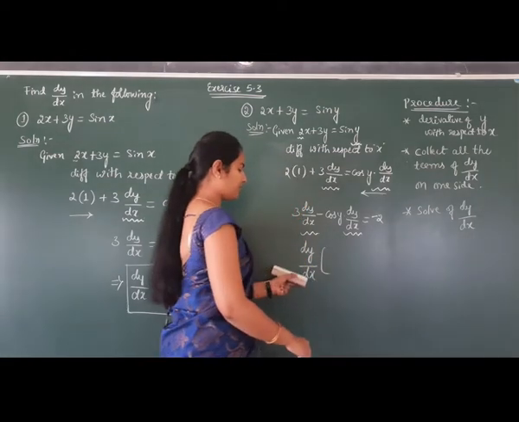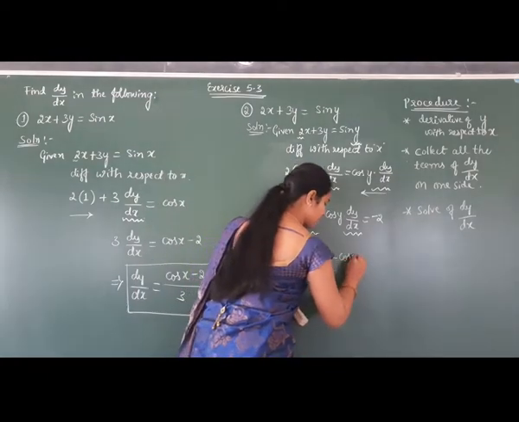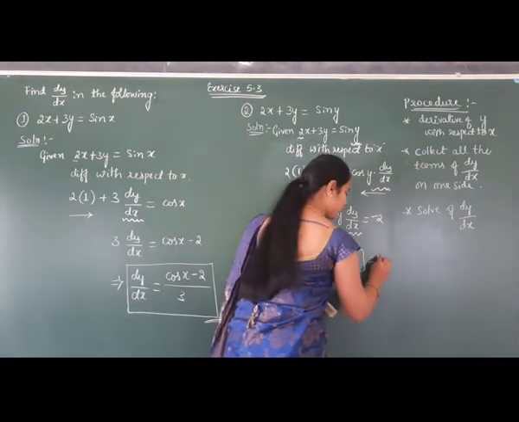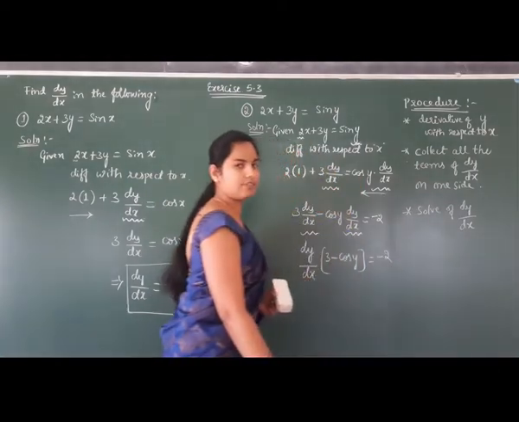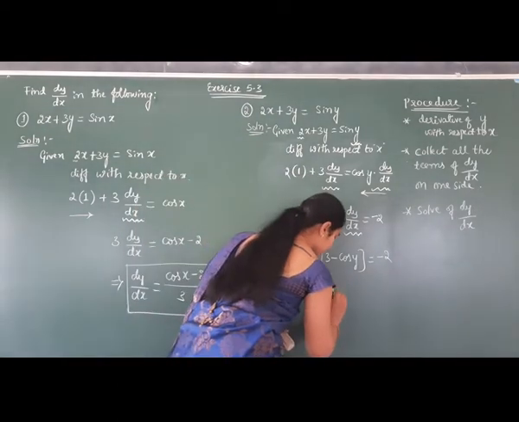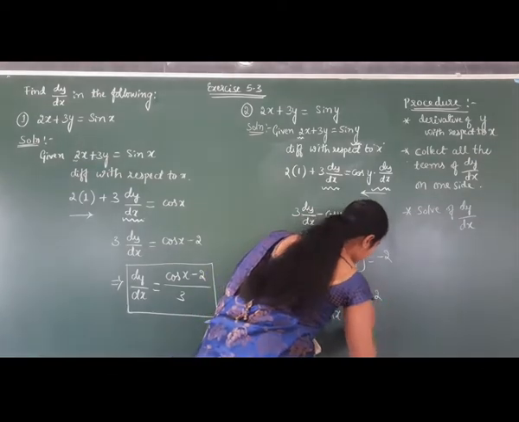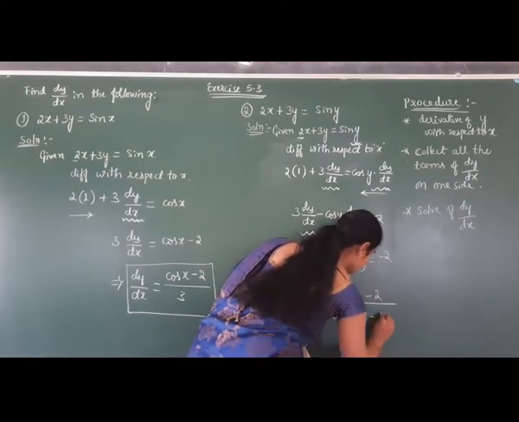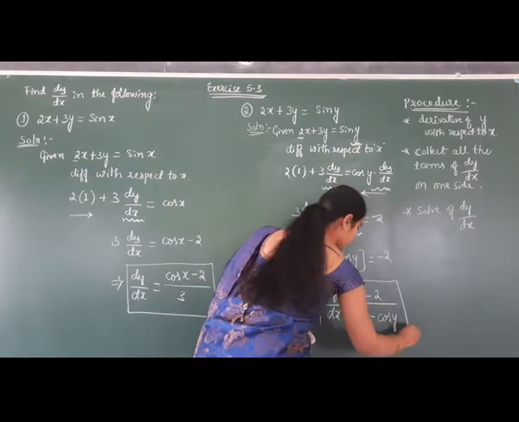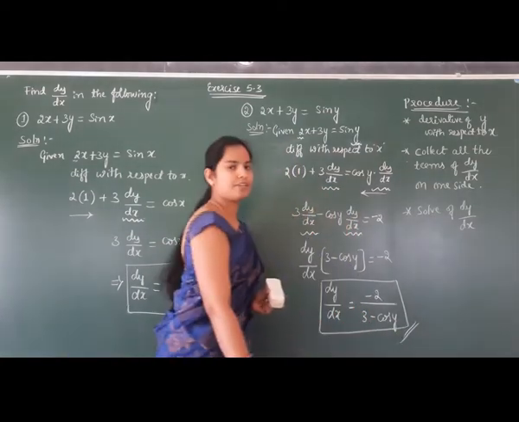Then we have dy by dx into (3 minus cos y) is equal to minus 2. So this implies dy by dx is equal to minus 2 divided by (3 minus cos y), which is the derivative of y with respect to x.